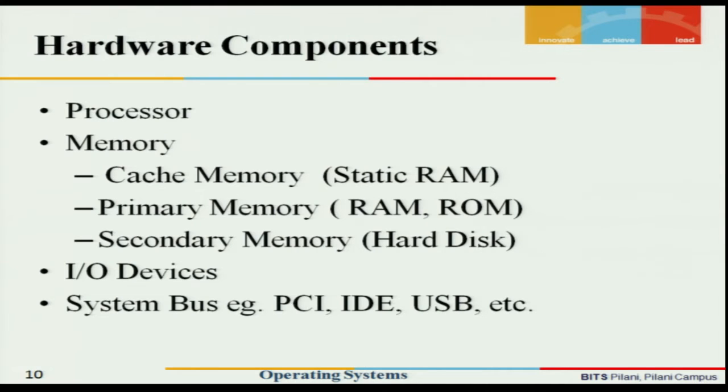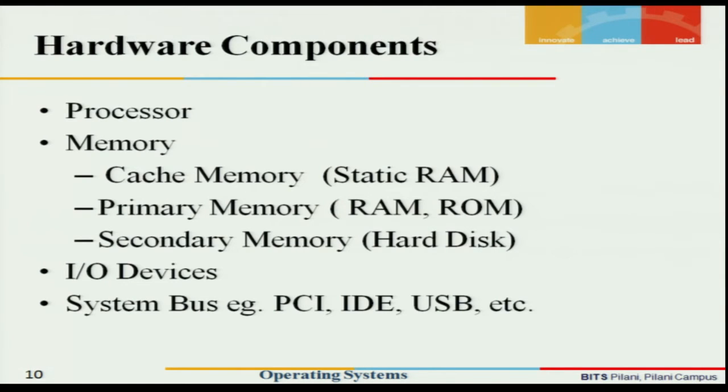There are a variety of different kinds of processors existing in the market. For example, Intel markets a whole bunch of processors, which is the Pentium, or lately you would have heard about i5, i7, i3 processors.